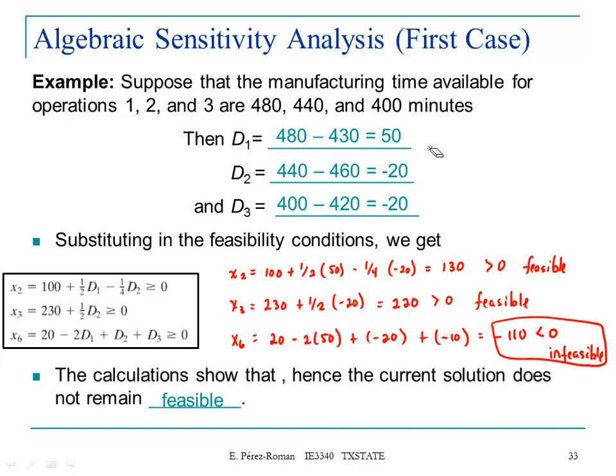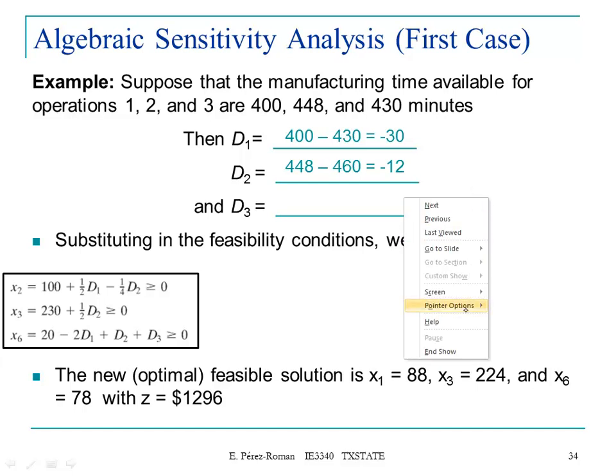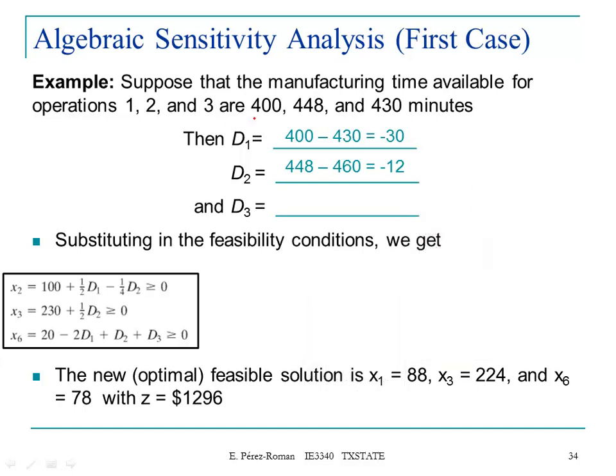So let's look at a different example. We went from 480, 440, and 400 minutes. Now we're going to test another scenario. Now we have these numbers, 400 for operation 1, 448, and 430. If we proceed as we did for the first case, these are the values for d1, d2, and d3.